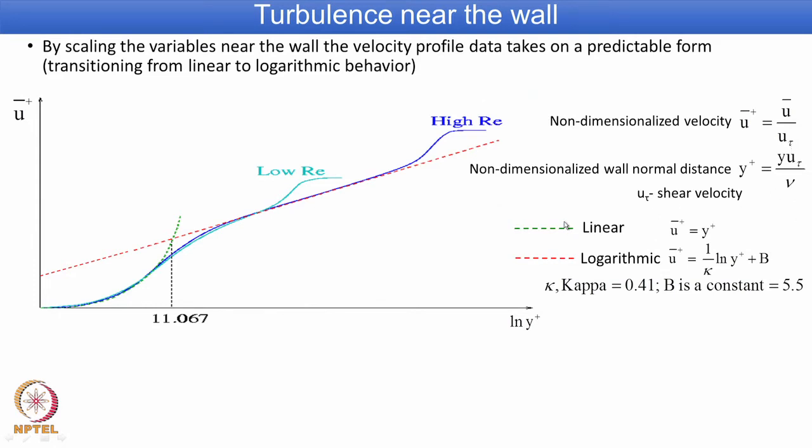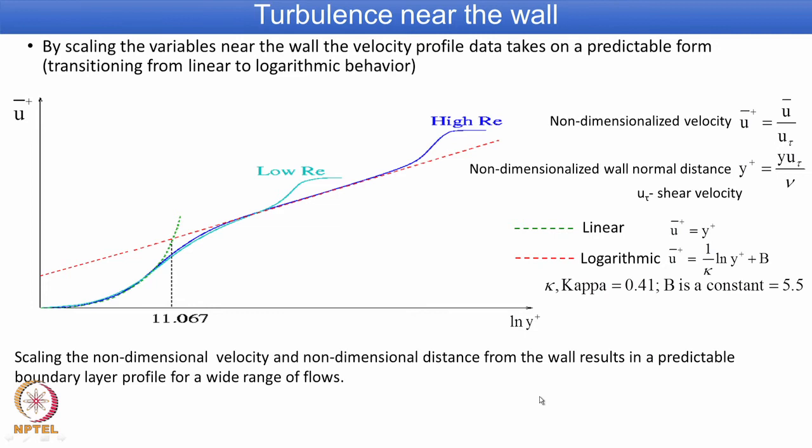This plot becomes universal, and that is a speciality of this plot. Scaling the non-dimensional velocity and non-dimensional distance from the wall will result in a predictable boundary layer profile for a wide range of flows.